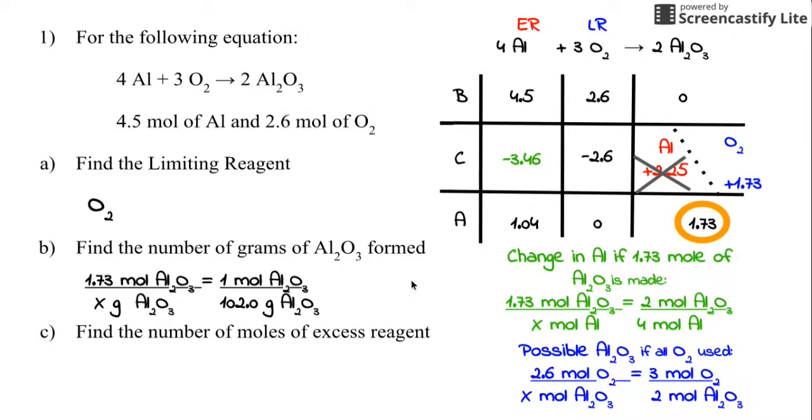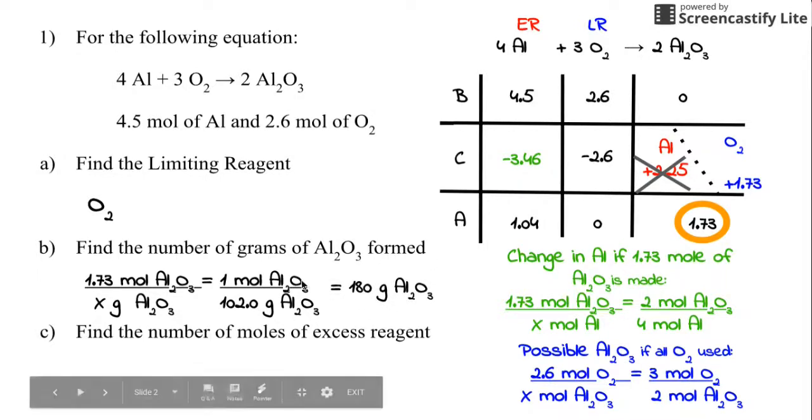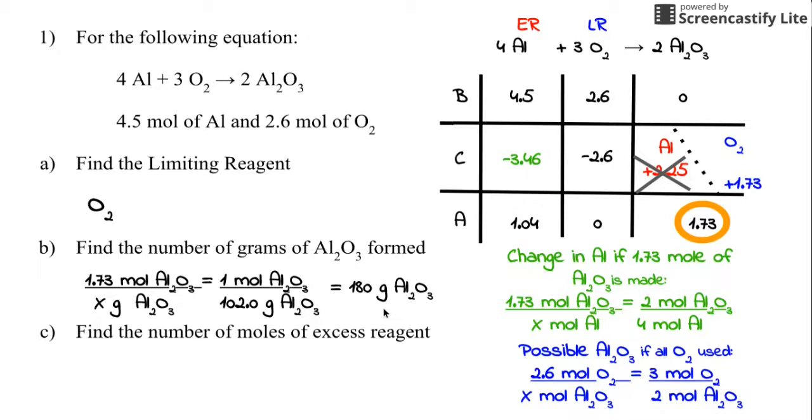Here's my proportion: 1.73 moles of aluminum oxide over X grams. 1 mole of aluminum oxide, according to the periodic table, has 102.0 grams of aluminum oxide. Multiply through, and I get 180 grams of aluminum oxide. This is my true theoretical yield. Remember, theoretical yields in chemistry are expressed in grams.